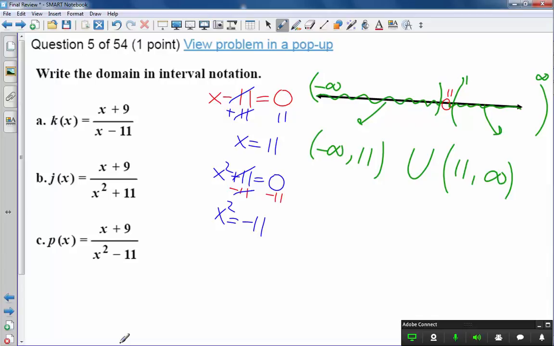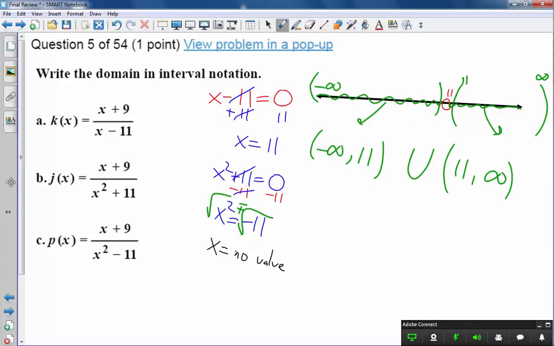Right? And to compute x, we need to take square root of both sides. Put plus minus. And something happens now. What is square root of negative 11? Undefined. So no such value. So no solution.